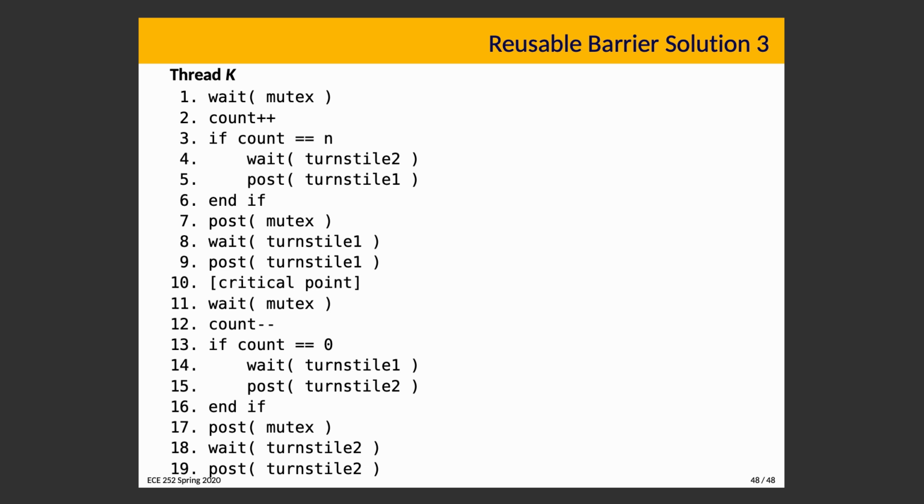And then we can proceed because we've unblocked the next thread, which unblocks a thread after it using the post statement. And so all of them proceed through the rendezvous. And they proceed through the critical point, and then gather up here in the lower part, and in the second waiting area, before they are allowed to leave by whoever gets there last.